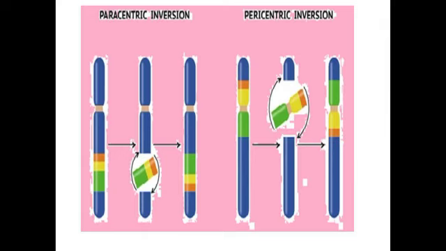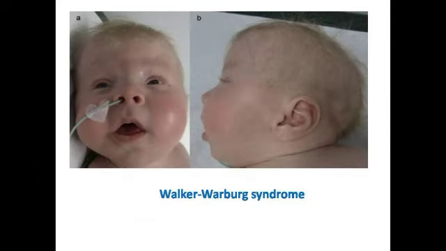This picture clears the paracentric inversion and pericentric inversion. This picture shows a baby suffering from Walker-Warburg syndrome due to the inversion 9.